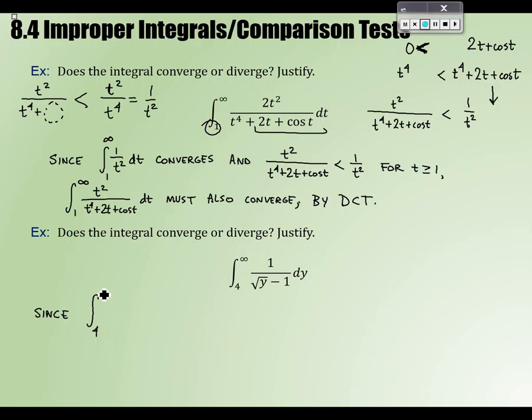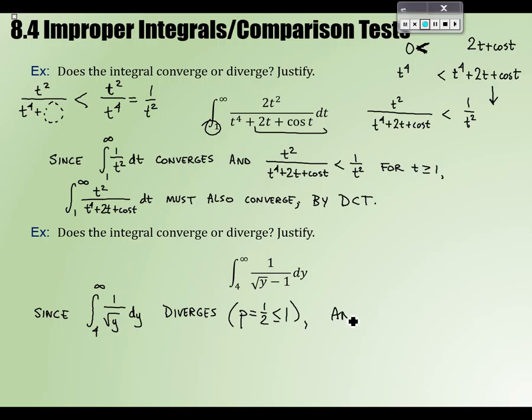Since the integral from 4 to infinity of 1 over root y dy diverges, and maybe we actually write this just to be clear, this is p equal to 1/2, right? For that previous result, which is less than or equal to 1.